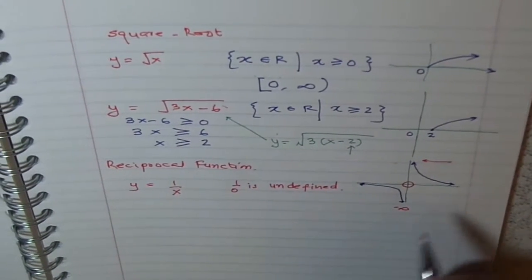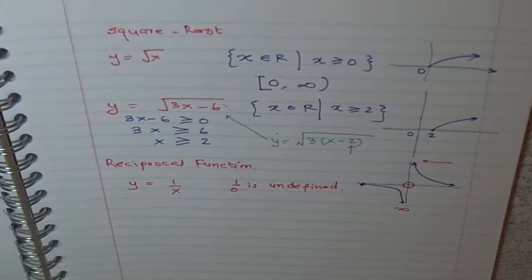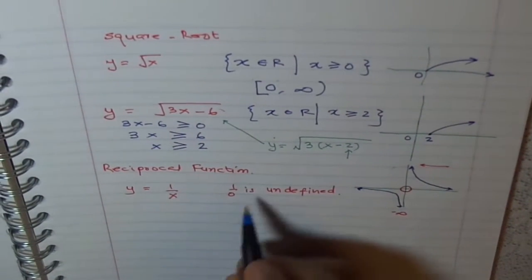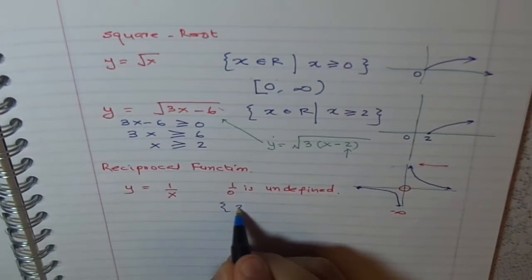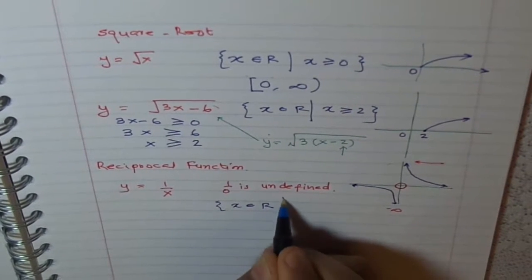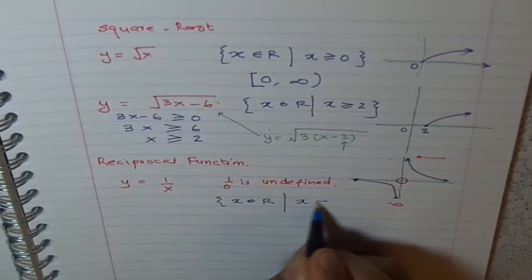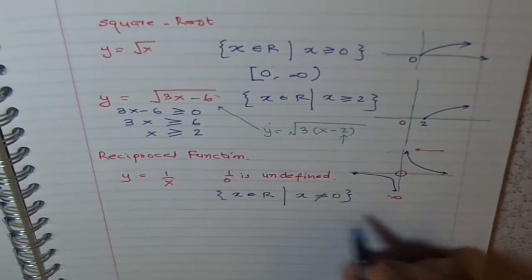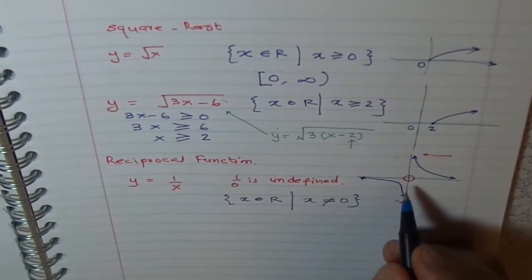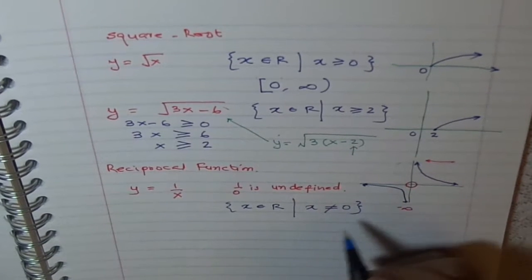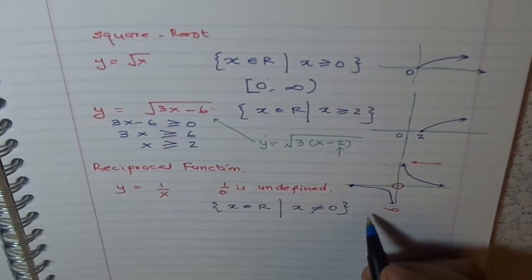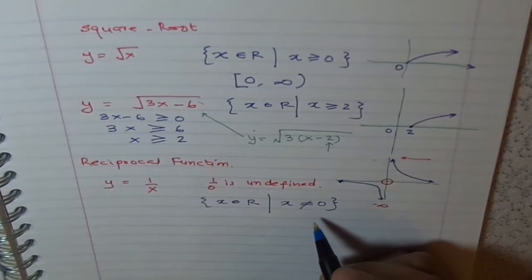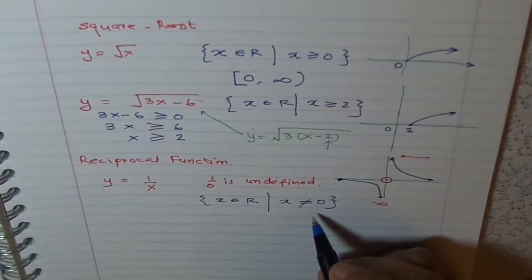So a reciprocal function has a domain with restrictions, okay? And this domain we can write as x belongs to real numbers where x is not equal to 0, okay? So this is a better way, because there's only one value which is not in the domain. Rest all belongs to the domain. So this is a good way of writing your domain, okay?